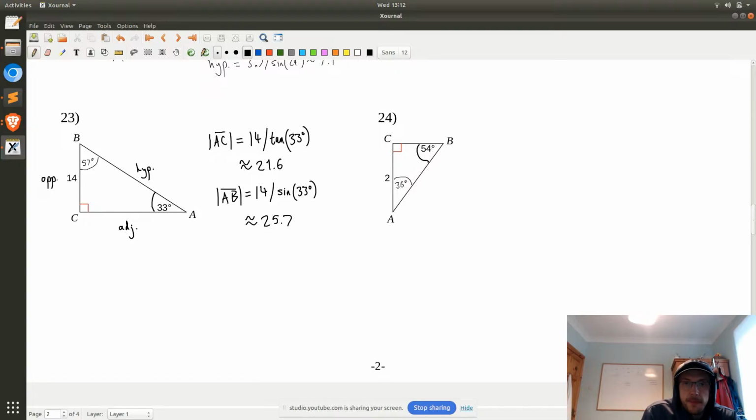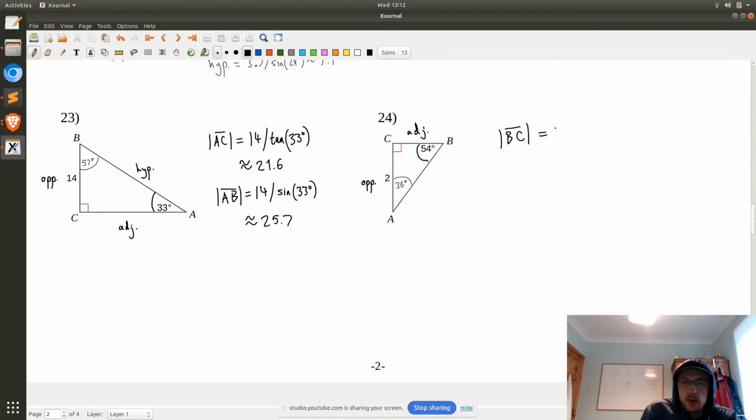Over here, side BC, that's adjacent. And we were given the opposite. So opposite and adjacent, that's tan of theta. So tan of 54 is 2 over adjacent.